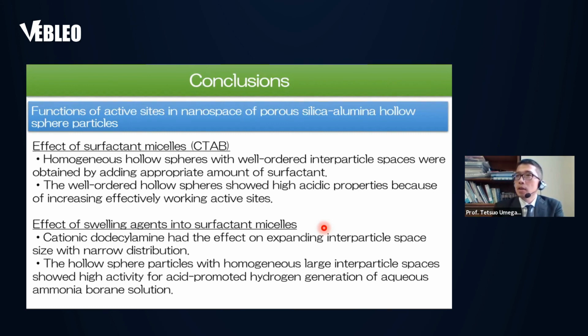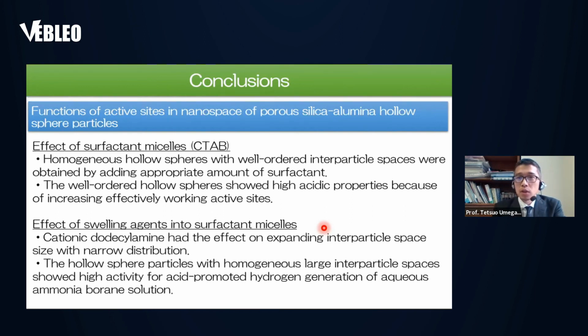By adding an appropriate amount of CTAB, homogeneous hollow spheres with well-ordered interparticle spaces were obtained and showed high acidic properties due to the increase of effectively working active sites.